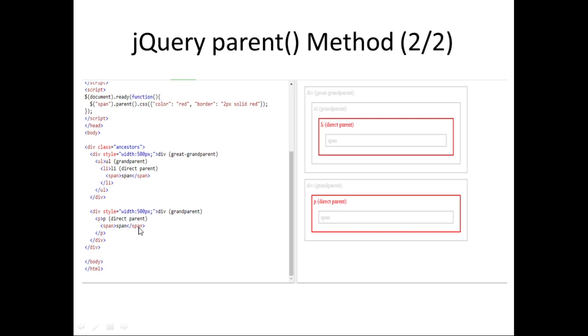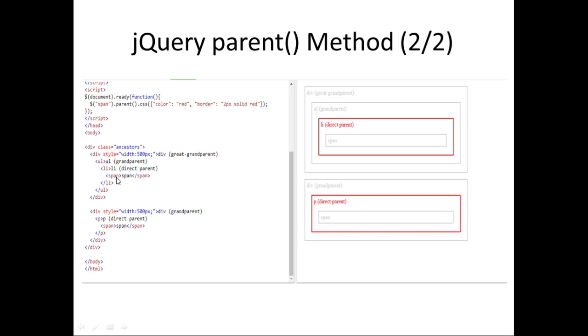In this jQuery code, we're going to select span. There are two spans here, 1 and 2. Then we get the parent of each span, and we change the CSS, the cascading style sheet, to color red and border 2px solid red.